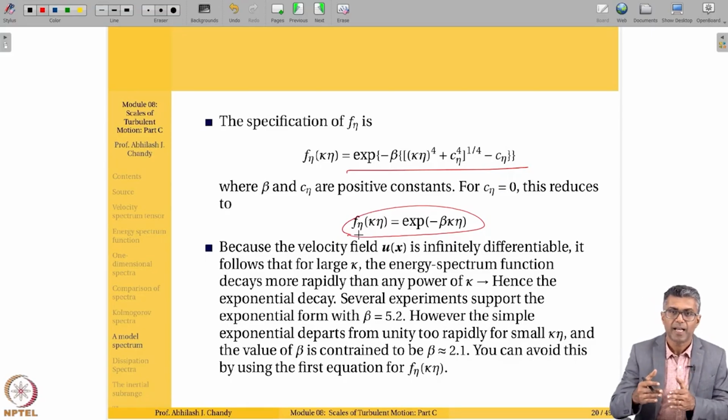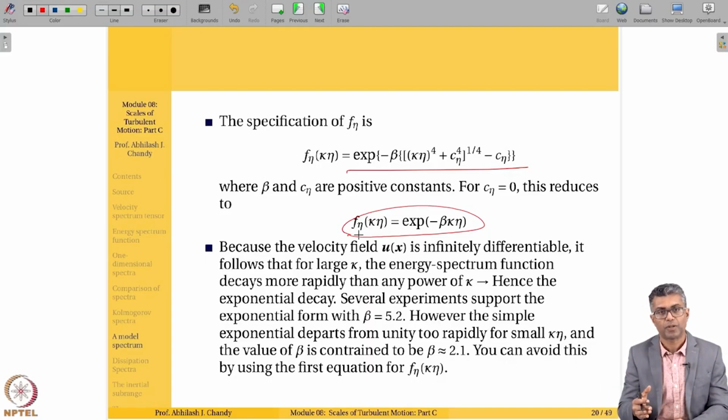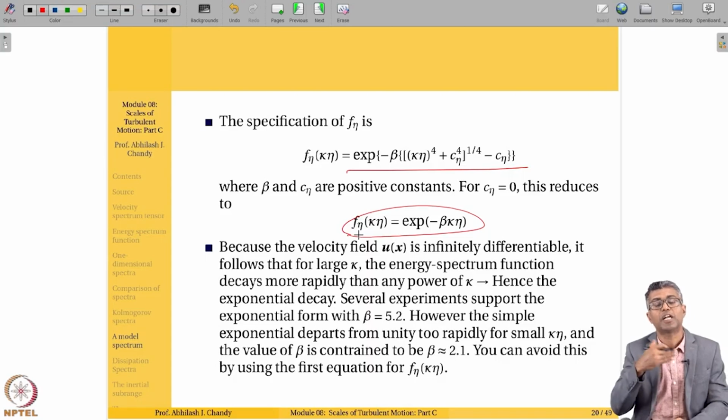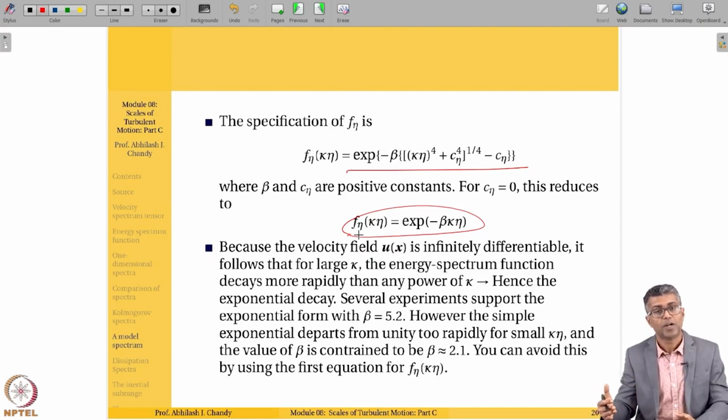This makes sense for the dissipation range specification, where we are providing an exponential function so that it is infinitely differentiable, because dissipation carries on for quite a few scales, even for the smallest scale and lower than that. It just carries on for smaller and smaller scales. That is the reason why we are providing an exponential function.